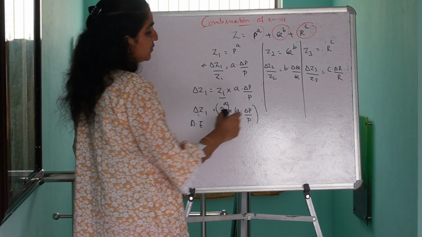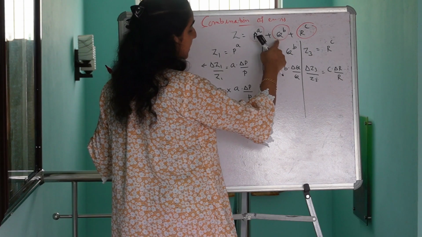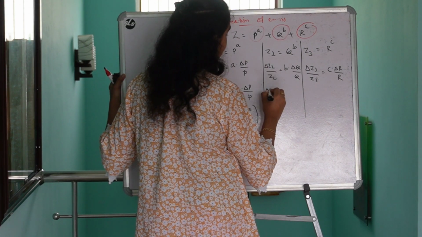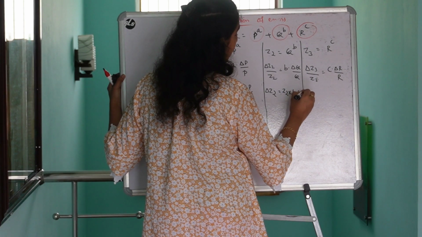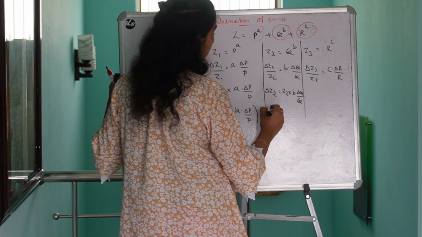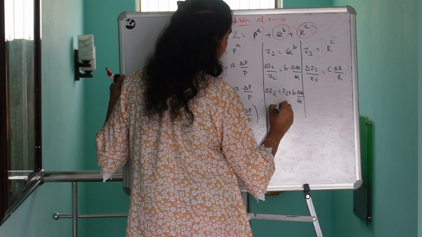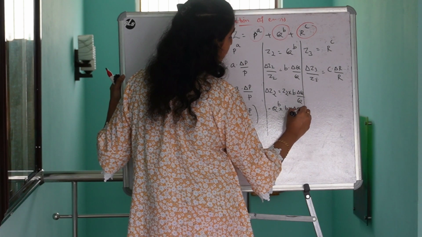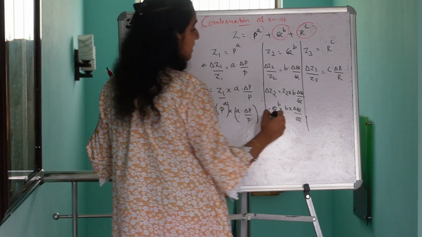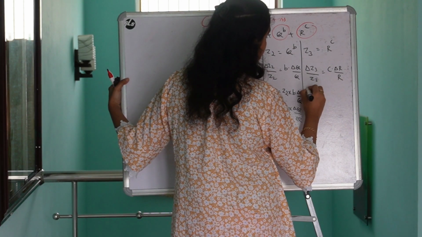Is it clear? So how do we find the absolute error in the second term, that is del Z2? Del Z2 is equal to Z2 into B into del Q by Q. So what is Z2? Z2 is equal to Q power B into B into del Q by Q. Similarly, what is del Z3?